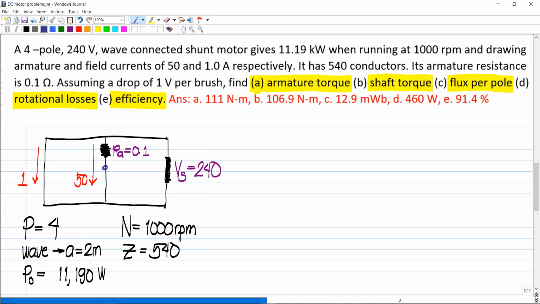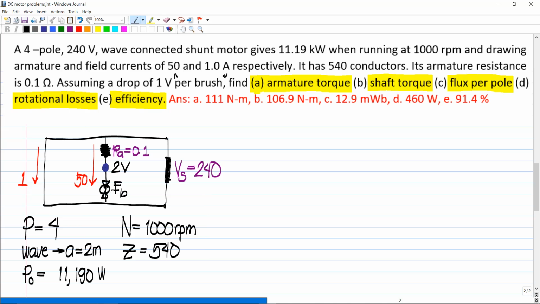So lagay natin dito yung point to indicate that there is a 1 volt brush drop. Per brush yun. So kapag mayroong word na per brush or each brush, tina-times 2 natin. So ilista natin dito, we have a brush drop of 2 volts. And then, syempre, sa armature branch din naman natin, nandito ang back EMF.